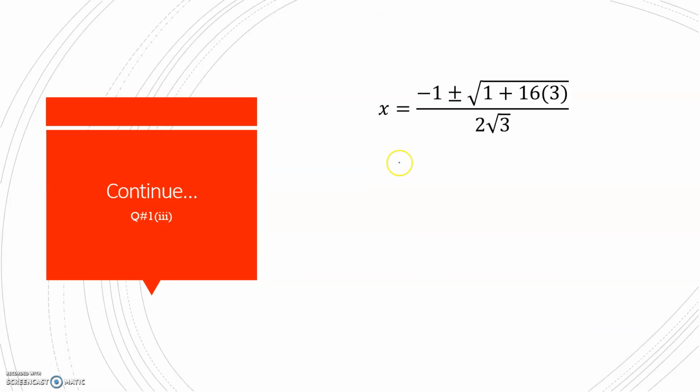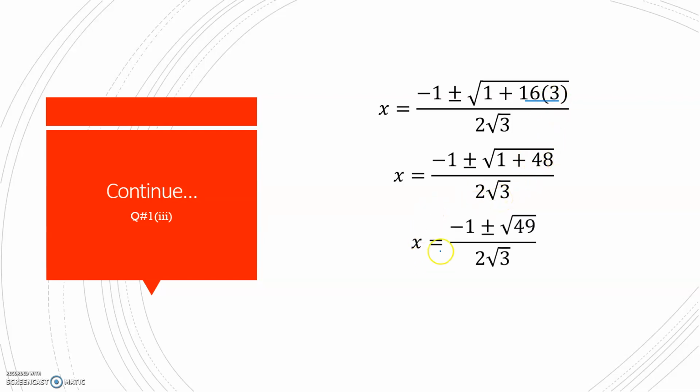In next step, we will write it as x is equal to minus 1 plus minus square root of 1 plus 16 into 3 over 2 into square root of 3. Here students, you can notice that 16 is multiplied by 3. So after simplifying, we will get x is equal to minus 1 plus minus square root of 1 plus 16 multiplied by 3, that is equal to 48 over 2 into square root of 3.